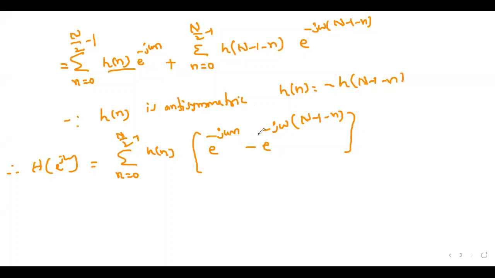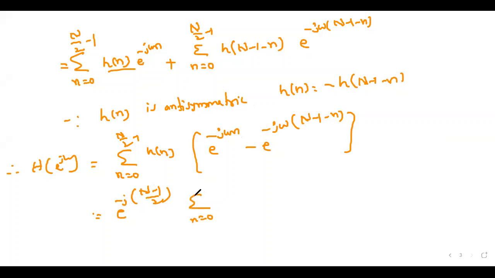So in order to make it in a proper way, it is not like that as it is, but we can convert it to that fashion by doing something: just take common e power minus j omega of N minus 1 by 2 from both the terms.